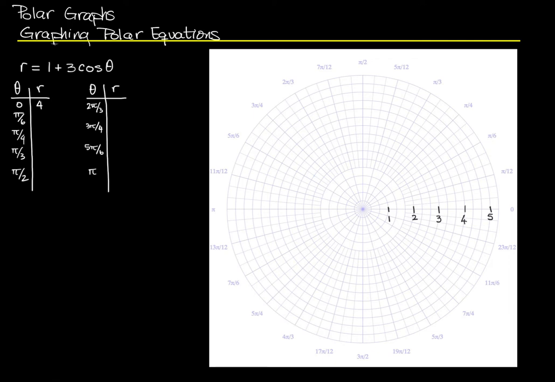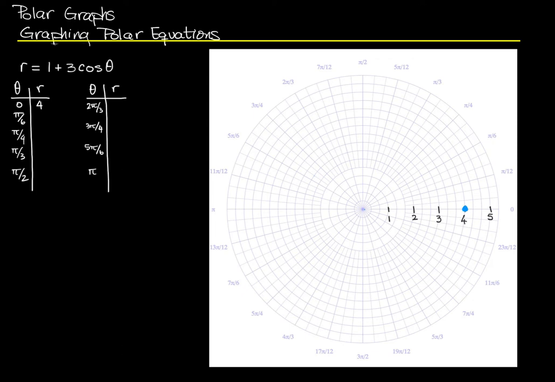I think I'll stick with blue. It's pretty easy to see, I think. It's 0 radians. So I'm somewhere on the pole, somewhere on the x-axis, and out to a radius of 4. I have a point right here.